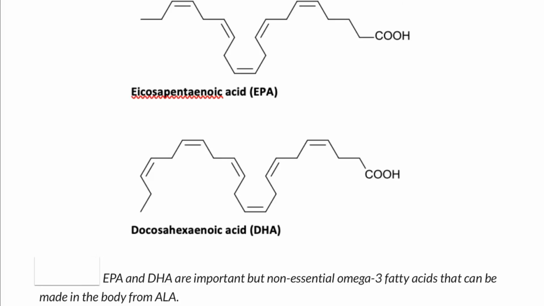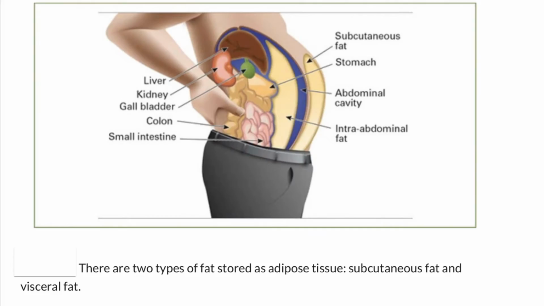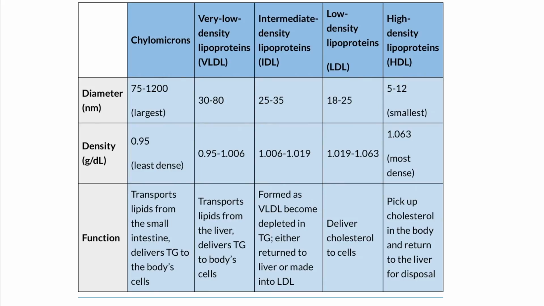The position of the first carbon-carbon double bond determines whether an unsaturated fatty acid is classified as omega-3 or omega-6. The two essential fatty acids are linoleic acid, an omega-6, and alpha-linolenic acid, an omega-3. Fatty acids are vital for the normal operation of all body systems, but the body is capable of synthesizing most of the fatty acids it needs.